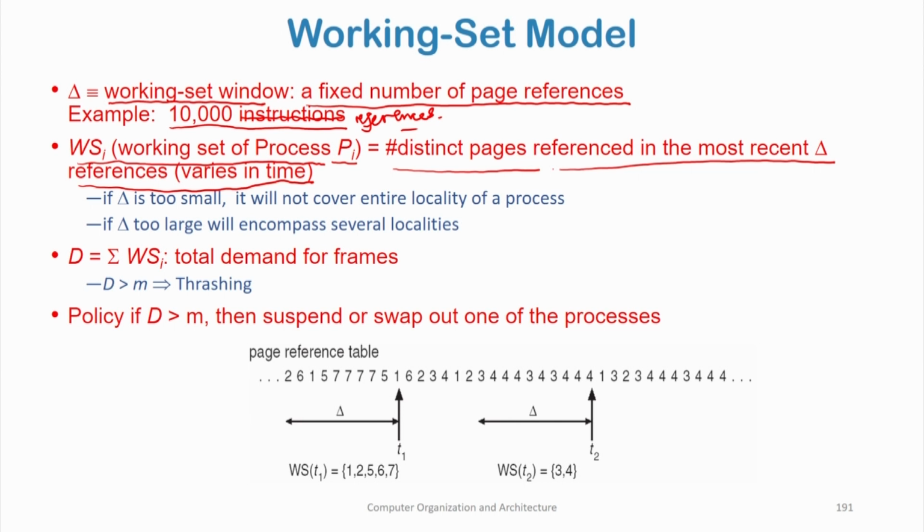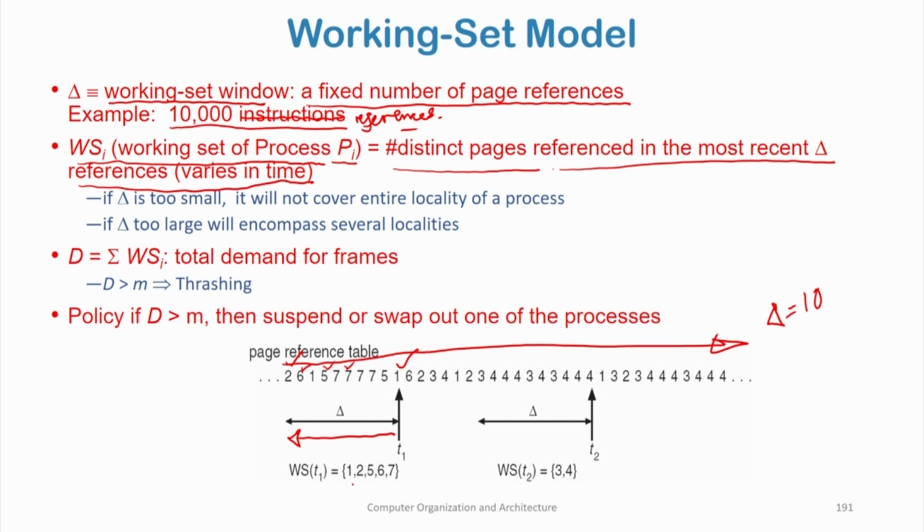For example, let us say that this is the sequence of references for a given process. If the working set window delta equals 10, then at time t1 I am going to look at the last 10 references and find out how many distinct pages were referenced. For this case, the distinct pages referenced in the last 10 references are 1, 2, 5, 6, and 7.